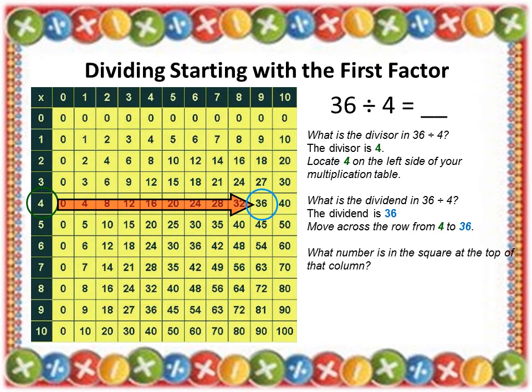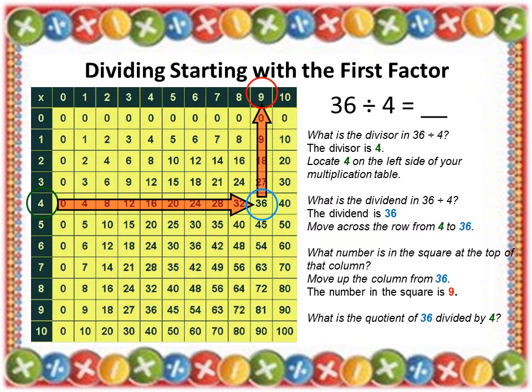Now, what number is in the square at the top of that column? So we're going to move up the column from 36. And we see the number in the square is 9. So, what is the quotient of 36 divided by 4? The answer is 9.